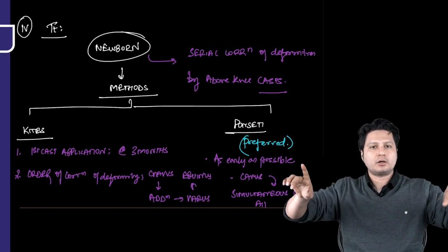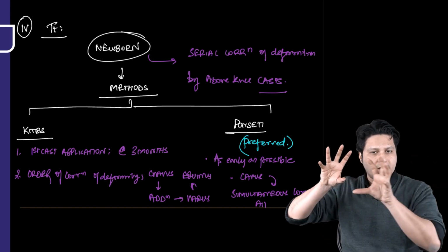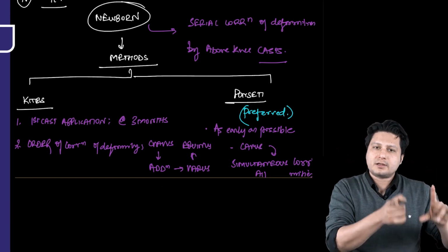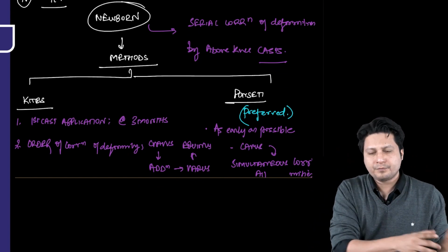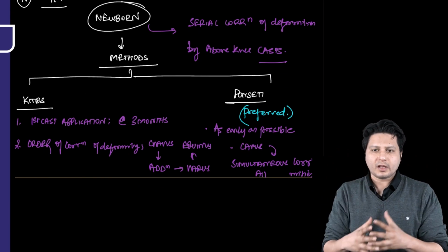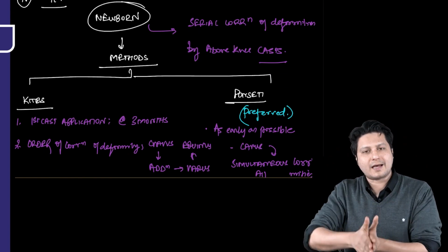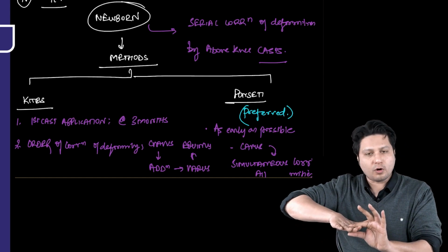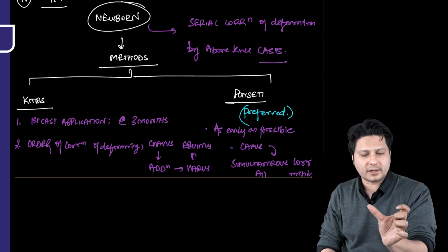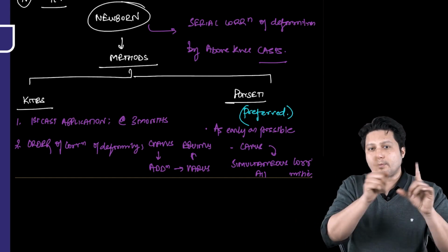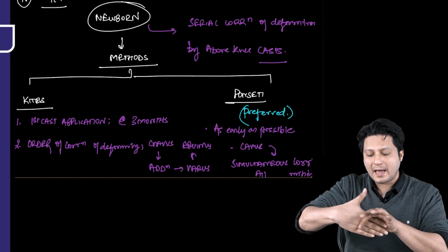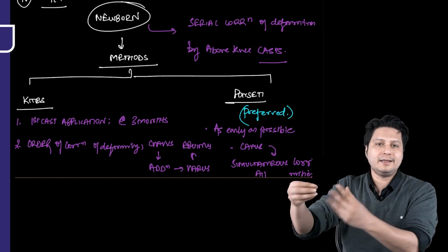Now for that we have two methods: Kite method and Ponseti method. In case of Kite method, when is the first cast applied? The first cast is applied at 3 months of age. Then you will ask, why not correct all the deformity immediately after birth? Because in Kite method, it was preferred not to apply the cast immediately after birth. Rather, you ask the mother to manipulate the foot while feeding the baby.